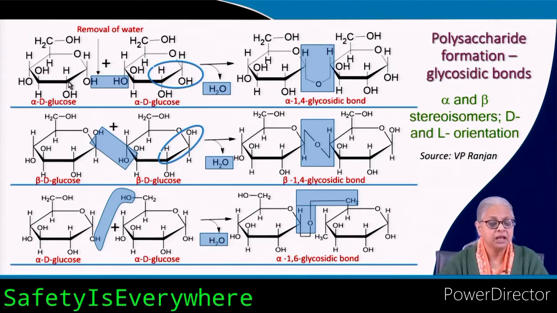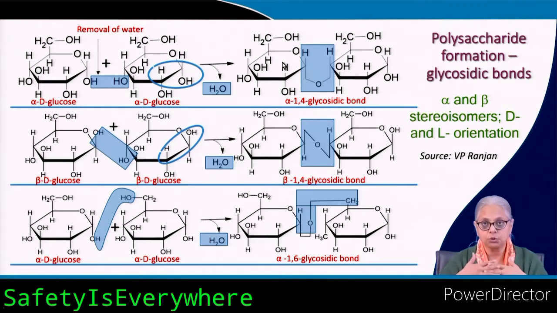You can see at the C1 position, you have a hydroxyl group which is bonding with the carbon on the adjacent glucose molecule at the C4 position. Here the hydrogen at the C1 position and the OH from the C4 position on the adjacent glucose are going to be lost in this synthesis reaction.